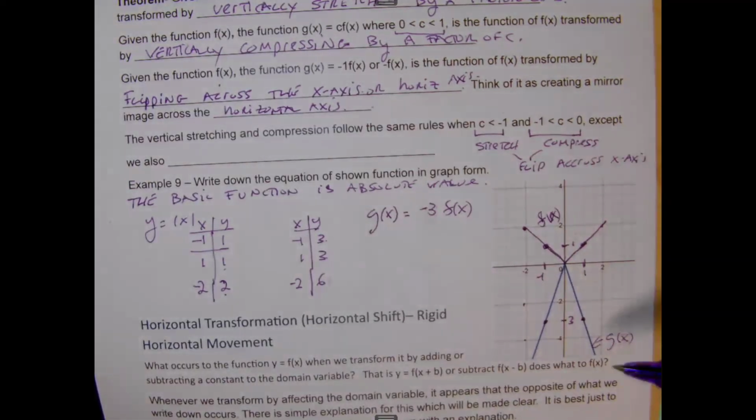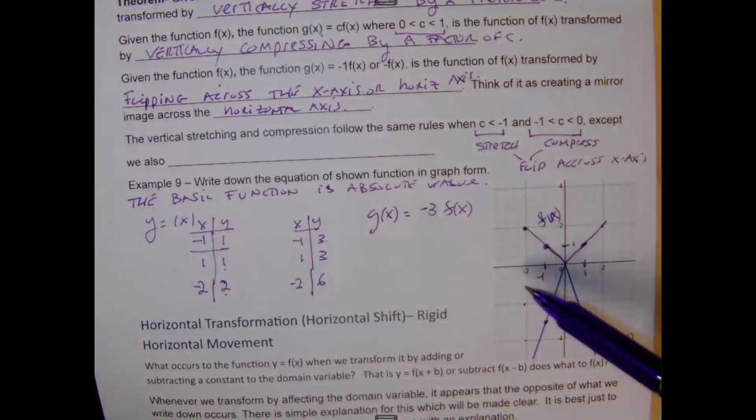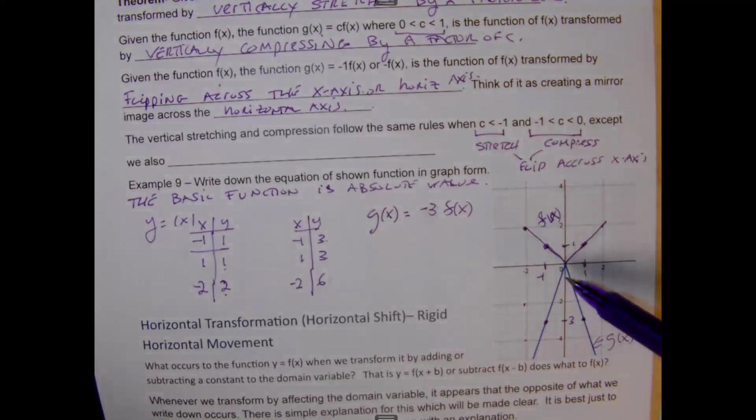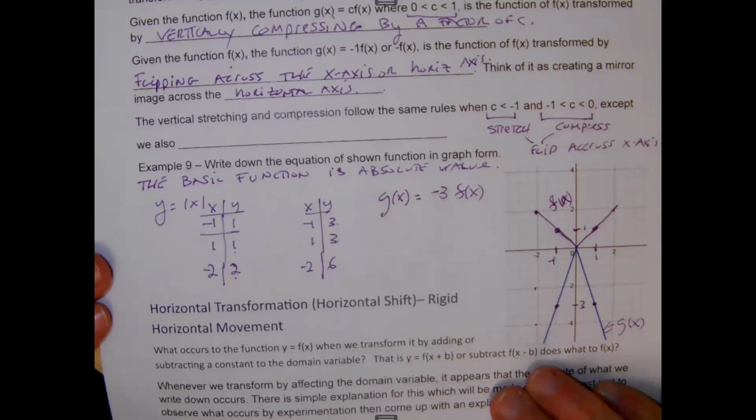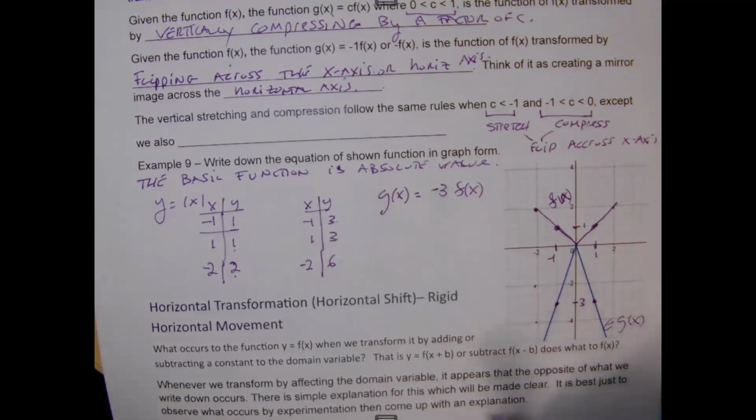So to do this question, notice I had to understand what the basic function looked like, and then after that, I can determine what this new function is. Notice there was no real solving taking place of moving an equation. I'm trying to understand how the transformations work, and this allows me to then write a new equation.